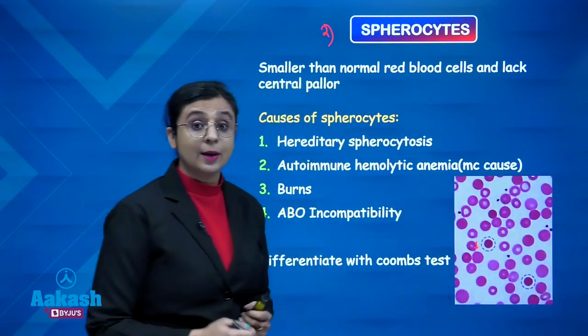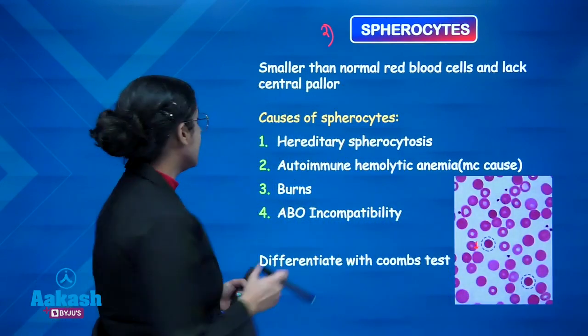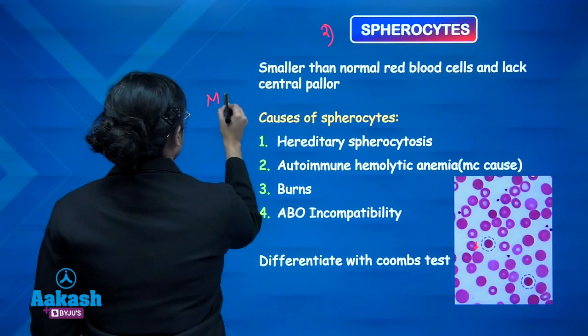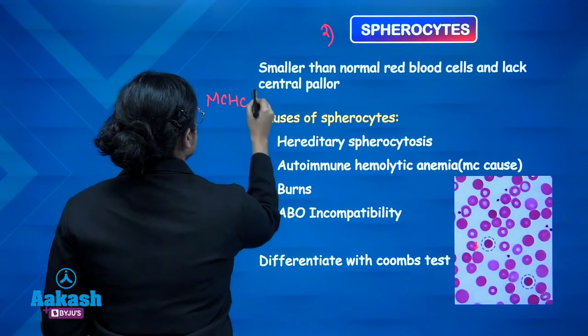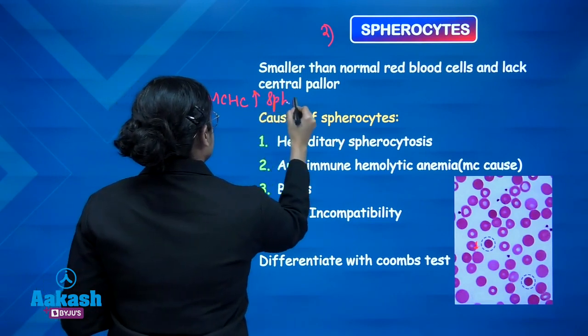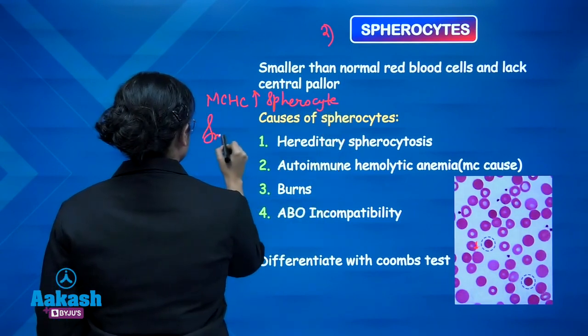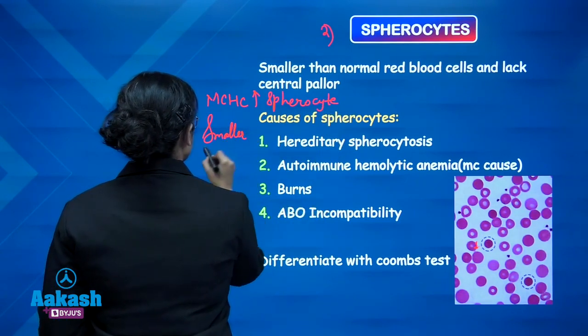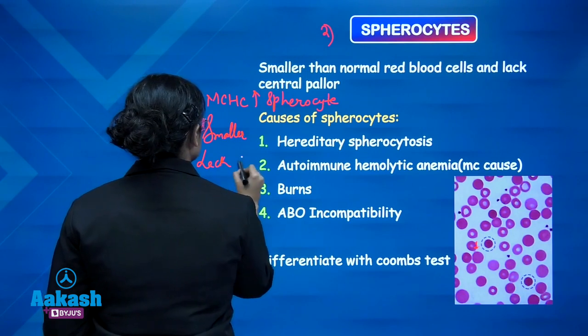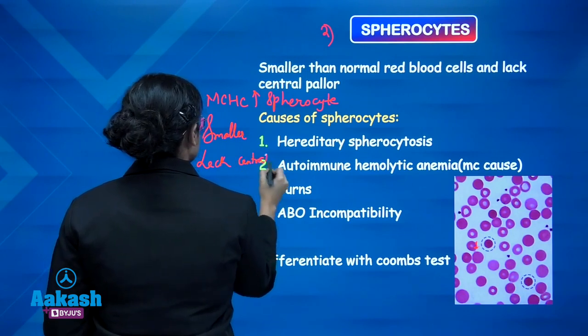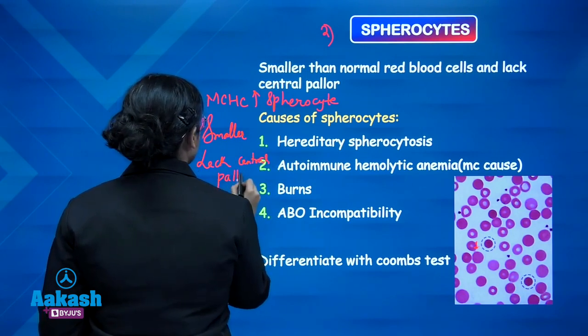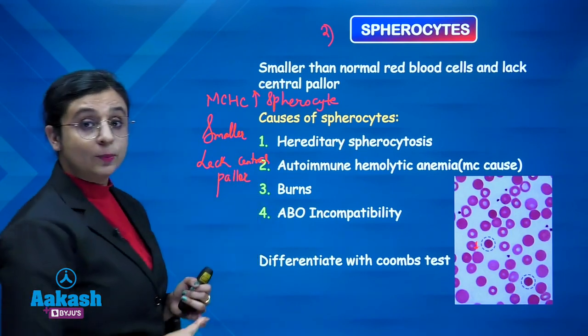Now students, what will happen to the MCHC level? Yes, MCHC will be increased in case of spherocytes because they are smaller and they also lack the central pallor. Now they ask you what is the most common cause of the presence of spherocytes in your peripheral blood picture.